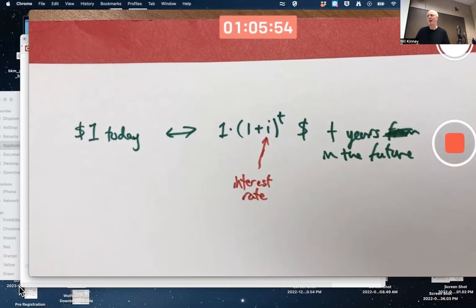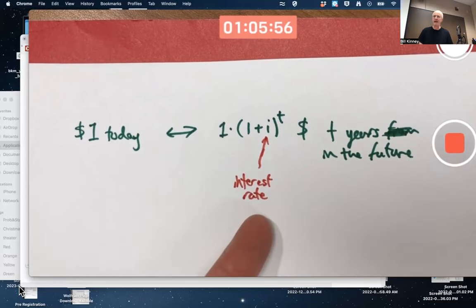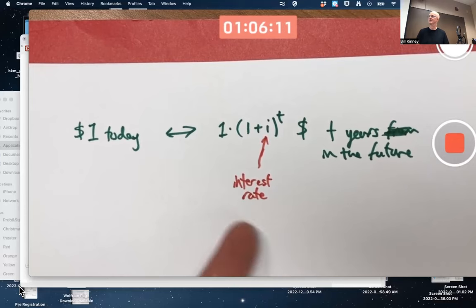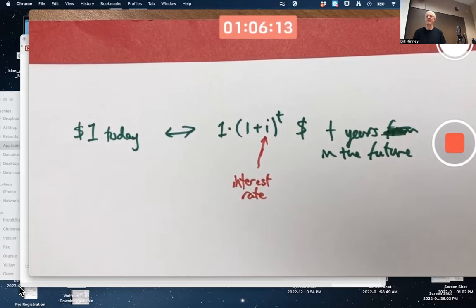Years? That's most typical, and if so, this would be an annual interest rate. But it doesn't have to be measured in years. It could be months, and this would be a monthly interest rate in that case. Could be days, this would be a daily interest rate. Time could be measured in decades, and this would be a decadal interest rate in such a situation. Of course, usually you measure it in years.